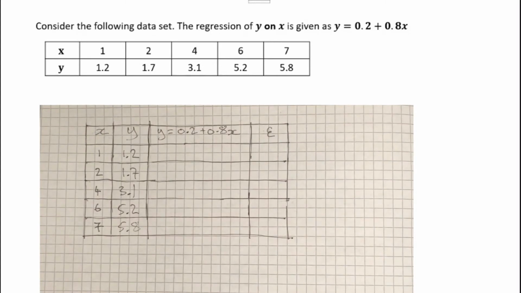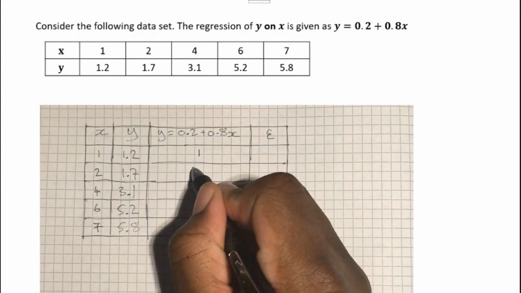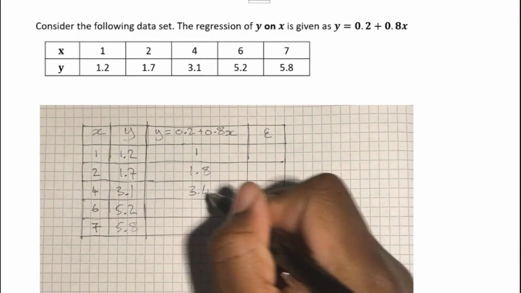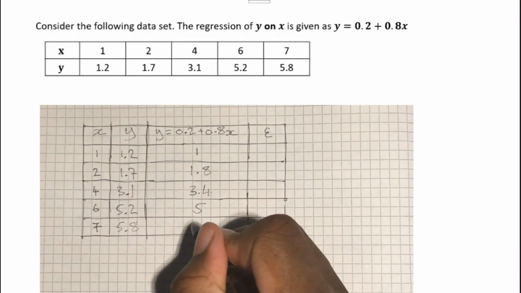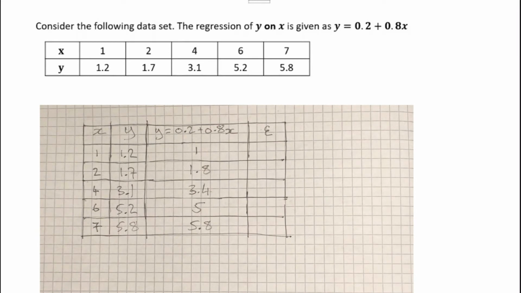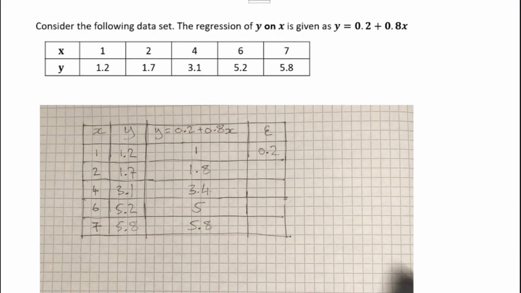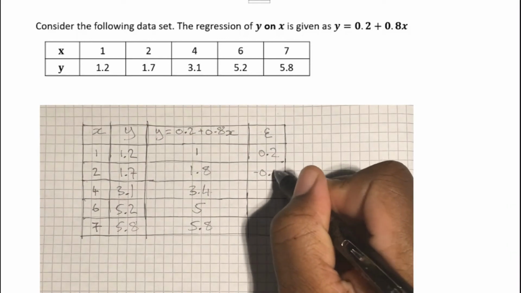So I can set this out in a table, a column for the x values, and a column for the y values, and a column for the y values I would generate from the regression line. Finally, a column for the residuals. So the difference between 1.2 and 1 is 0.2. The y from my dataset is larger than the y value that the regression line would generate. 1.7 minus 1.8.